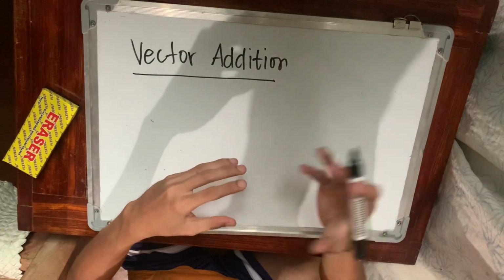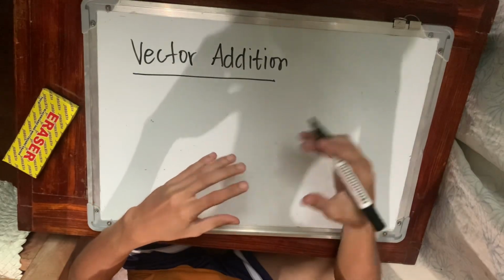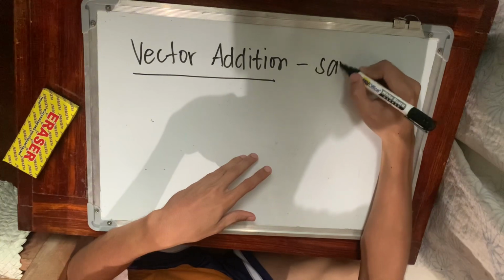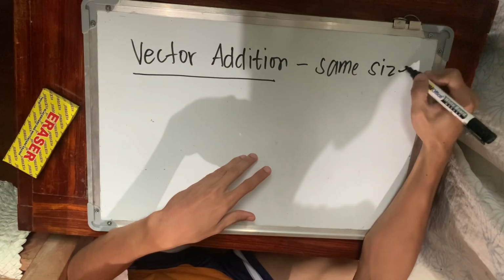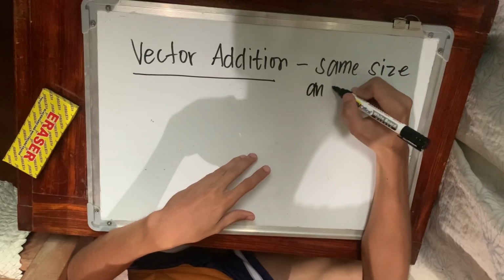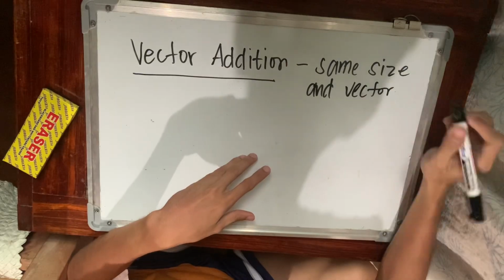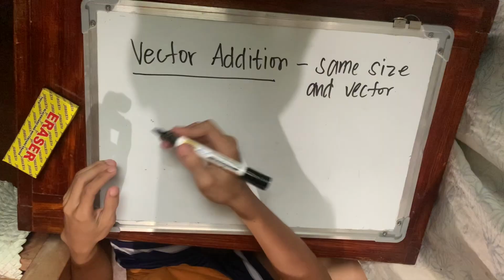Before we add vectors, we must know that the two vectors must have the same size. Let's represent it in a matrix way.